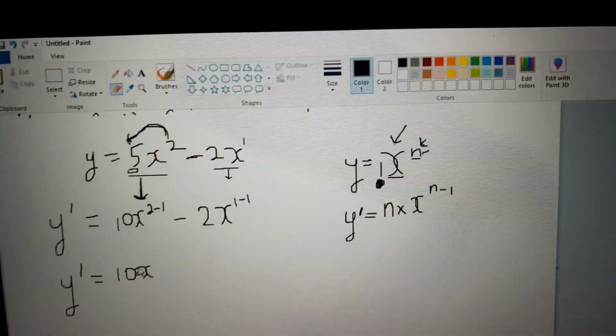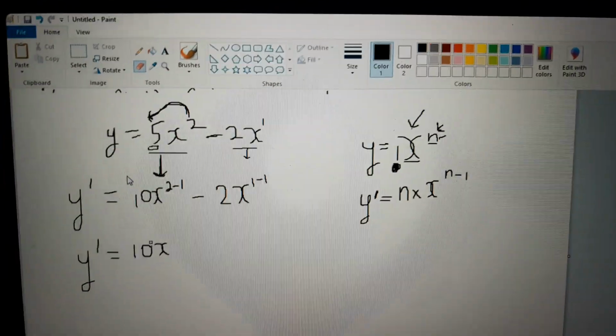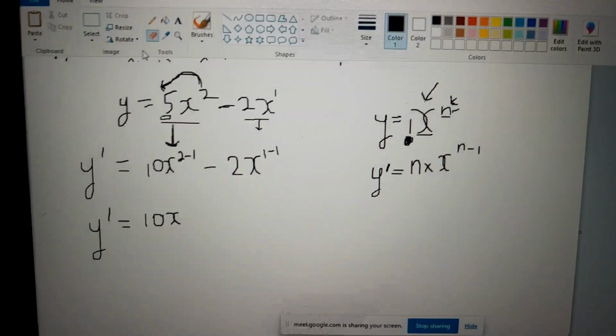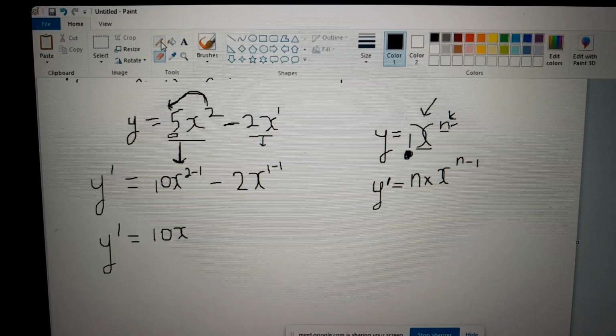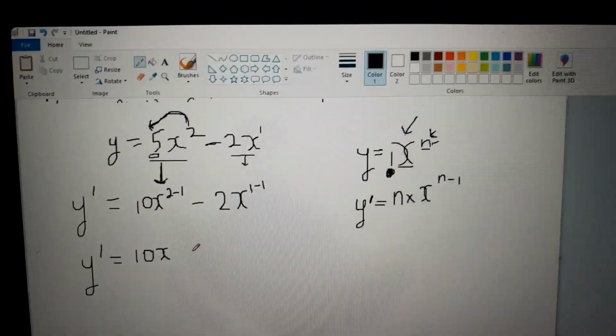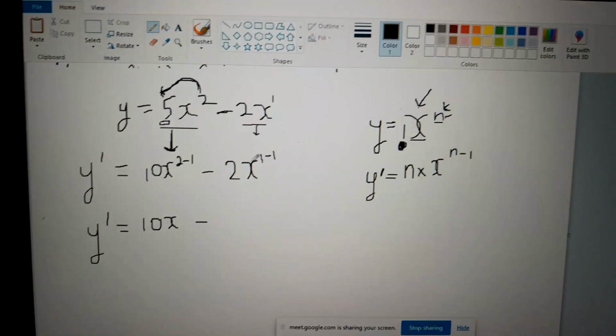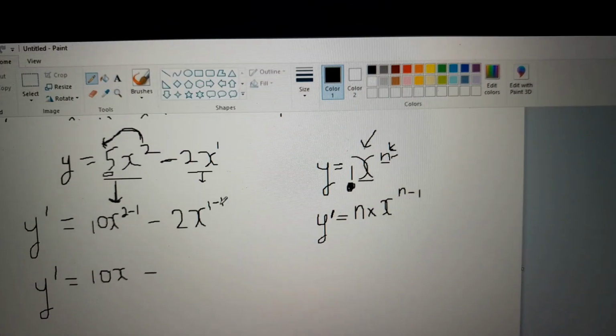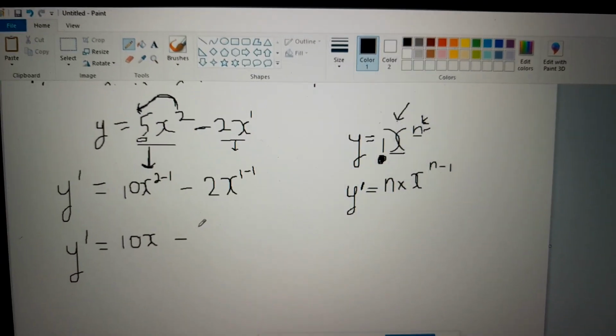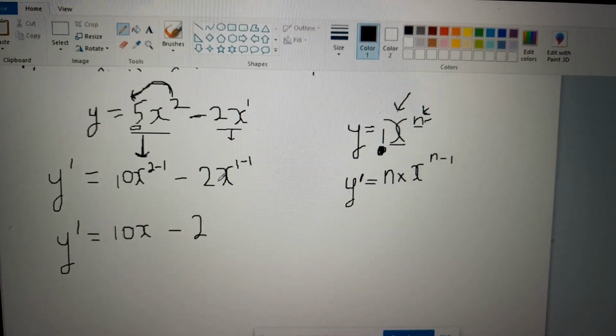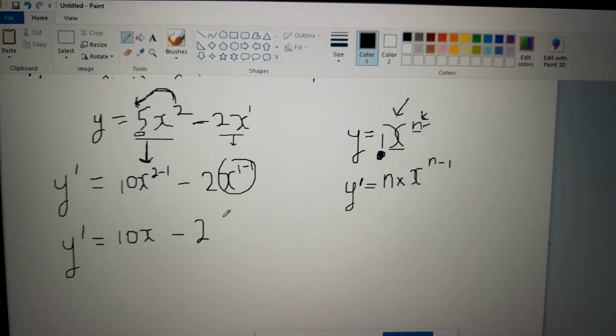Agree, sir. Anybody else agreeing? Yes, sir, I agree. Now look what will happen here. Now we're going to laws of indices to understand this. What is 1 minus 1? 0, sir. Good. So this will become x to the 0 power.